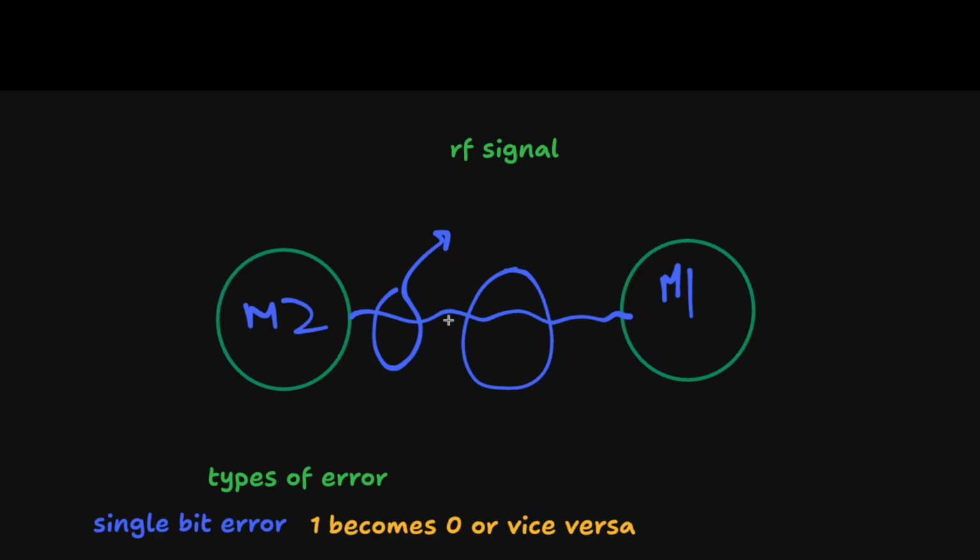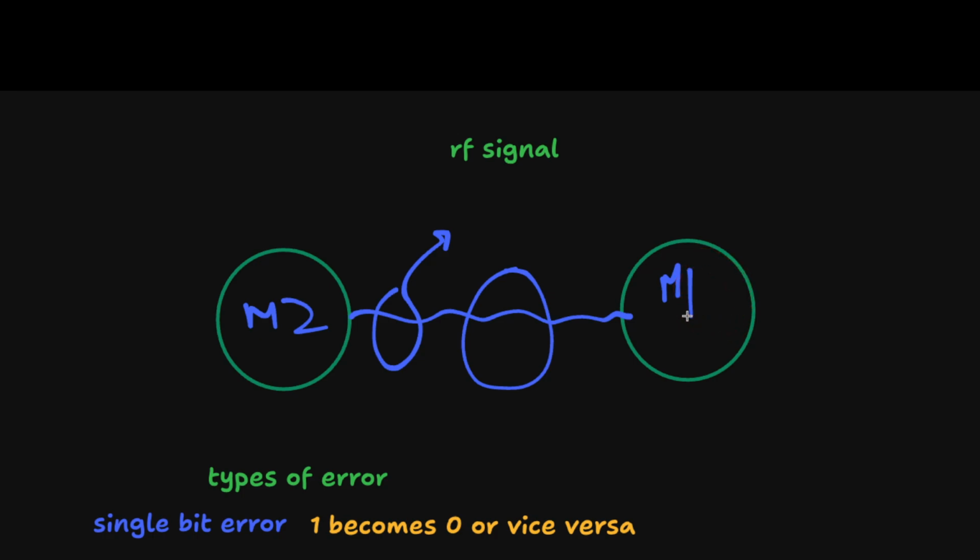Or if the channel is too noisy or damaged, then the RF signal will be poor. A poor RF signal means our modem at the receiver end has to perform more work in error detection and correction.